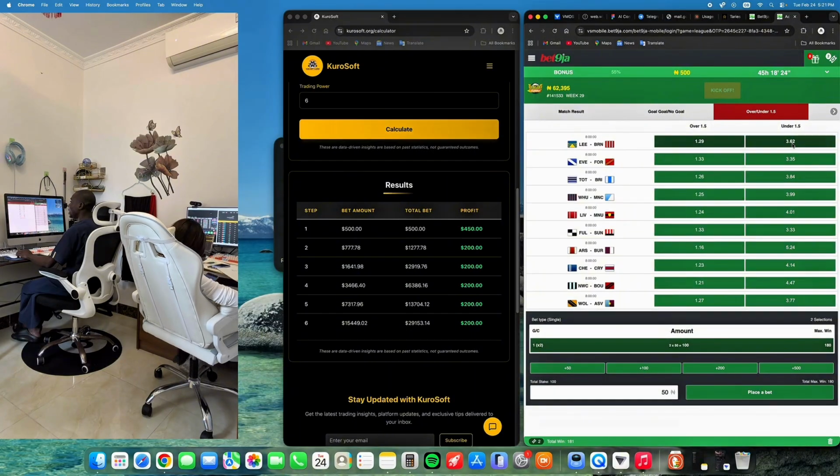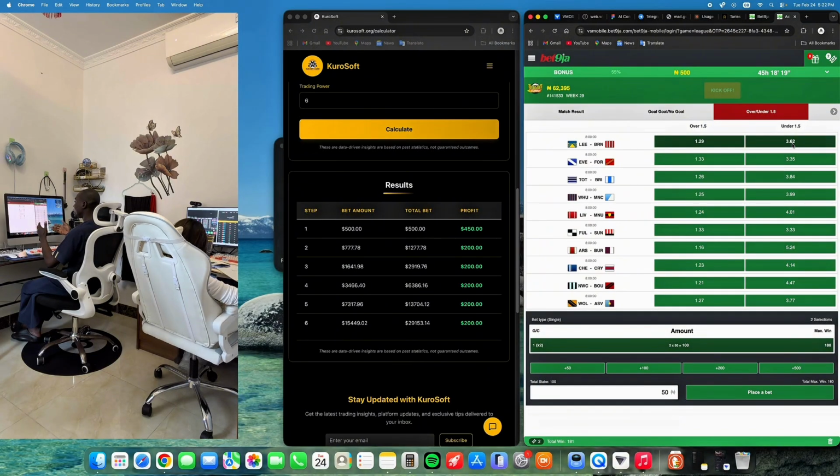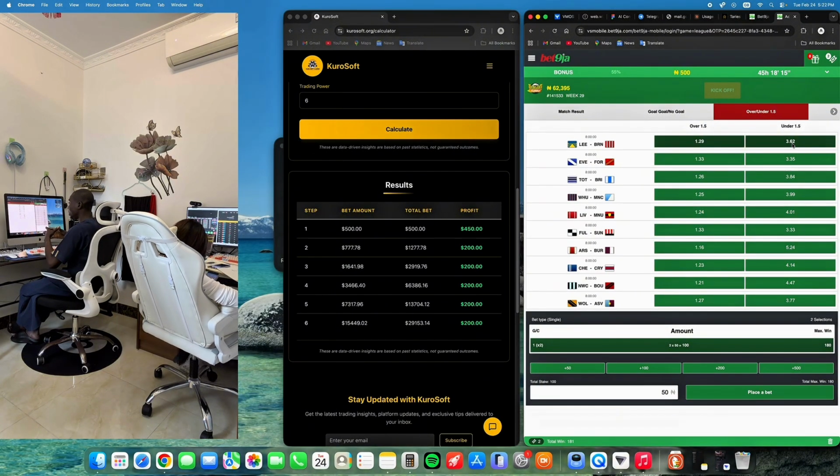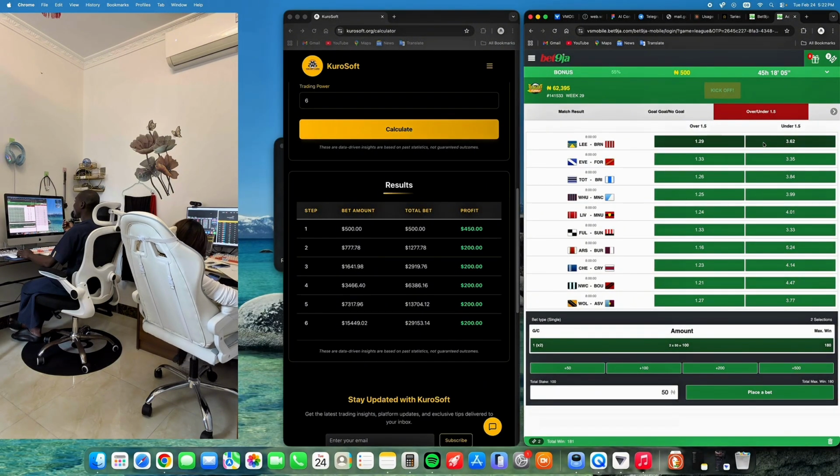But this particular virtual league football is quite different from markets like 49ja or Aviator, whereby the crash point is determined by the odd. So it's different. In cases like this, the market we are picking is quite at risk.